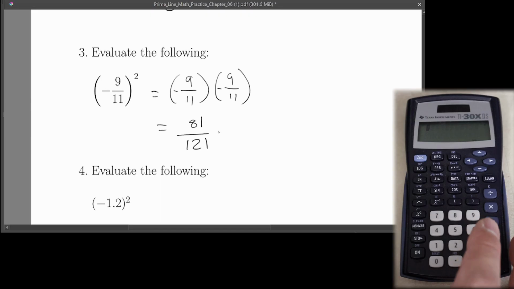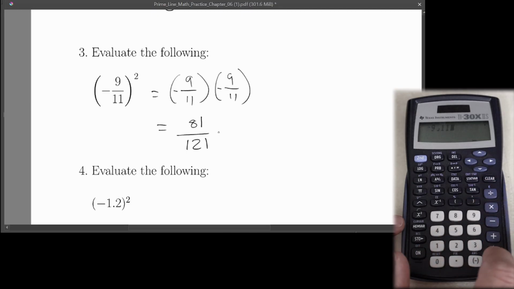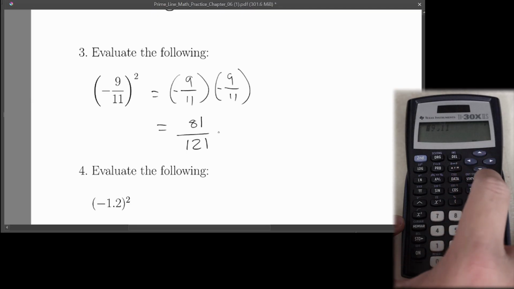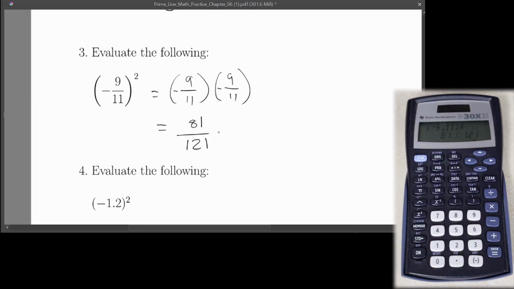On our calculator, we could put it in as -9 over 11, and if we insert parentheses and square it, you'll get the same value.